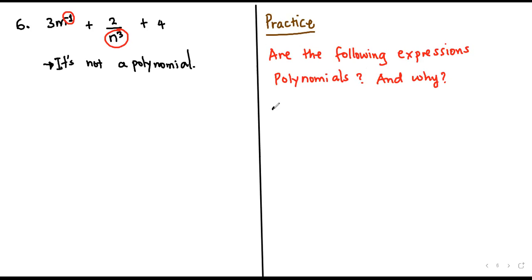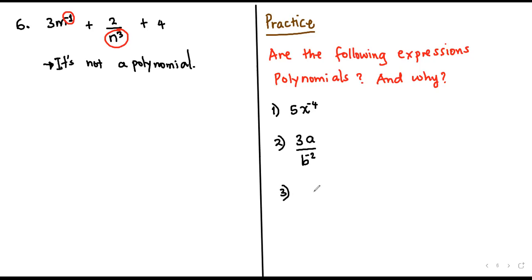Okay, so number one, let's have 5x to the power of -4. Next, we have 3a out of b to the power of -2.